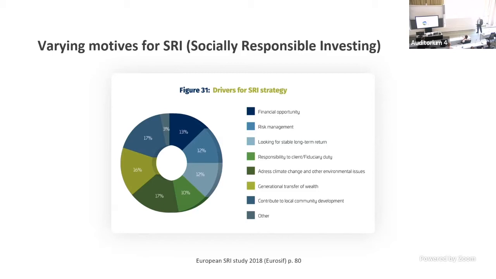But at least when I saw this the first time, a somewhat surprising thing is perhaps that many of them have to do with classical finance motives, earning money, taking down risk, basically. So you see here, we have the financial opportunity, risk management. And these are rather large categories here, stable long-term return here.